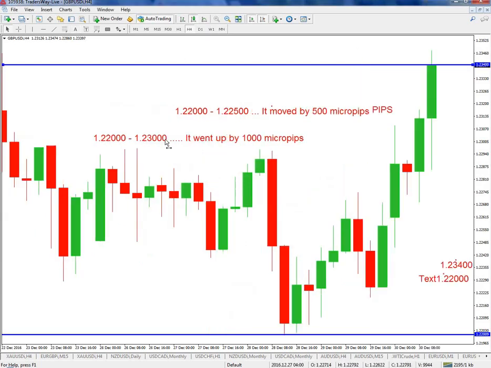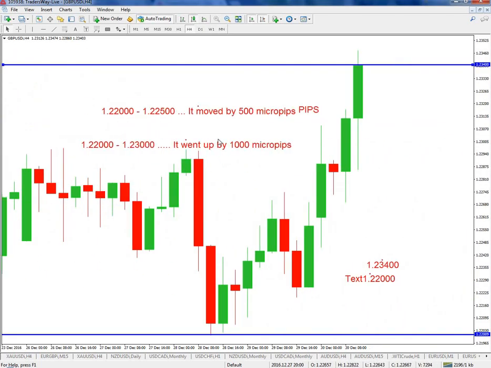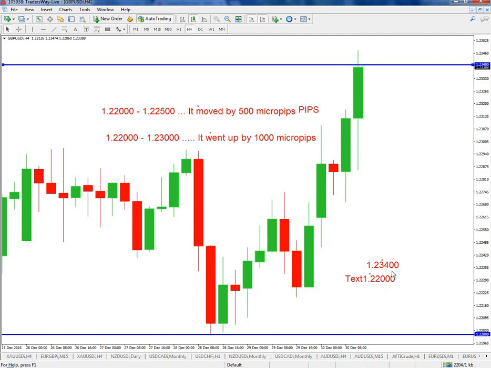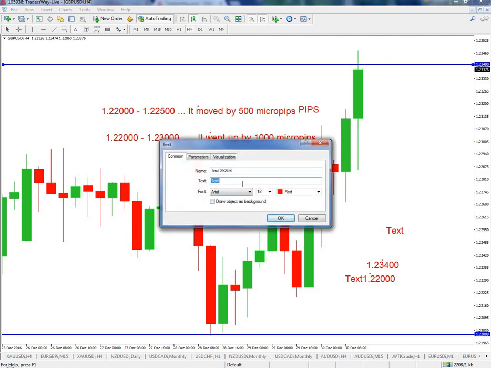That makes sense to everybody, right? Does that make sense? Got it. So if it goes from 22000 to 23400, it went up really by 1,400 micro pips in 2.5 days.